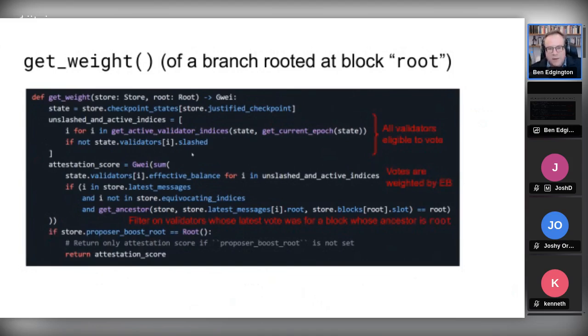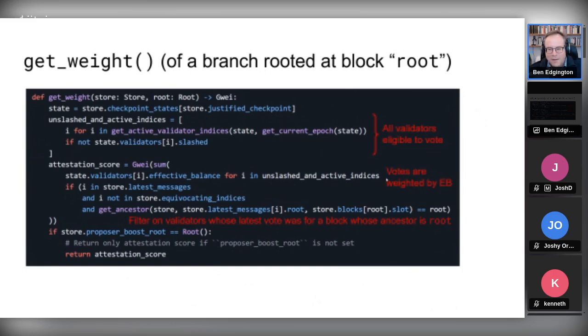how do we weigh these subtrees? Well, we look for all validators that were eligible to vote at this particular time, and we add up their effective balance.